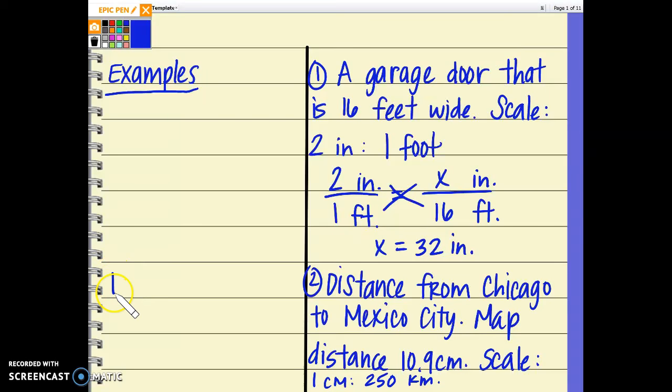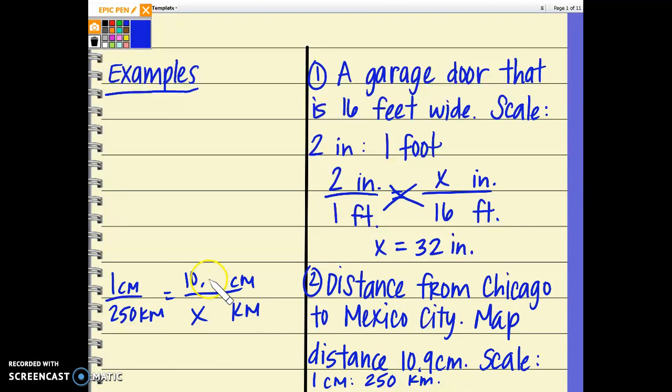Alright, so we'll set our proportion up. I'm going to come over here to the left side to give myself some room. I have centimeters on top here, centimeters go here, kilometers on the bottom. So we're solving for the actual distance in kilometers.